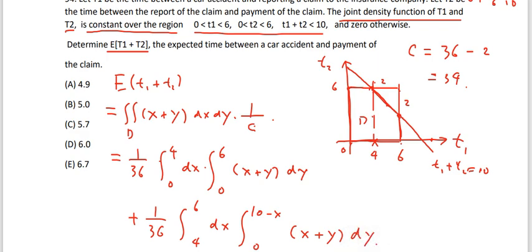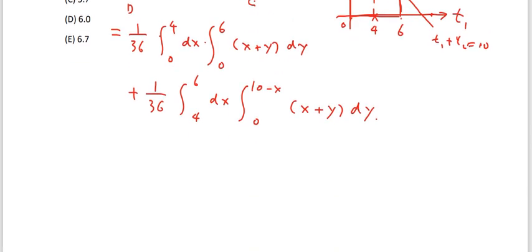Now for those integrations, it is easy by now, right? We just remember that for integration over y, x is constant. So let's do one more step. For this one, 0 to 4 dx. Here we integrate y first. The first one, x dy, x is constant, and y from 0 to 6, so this integrates out to 6x, right?